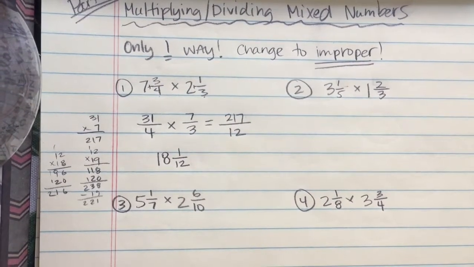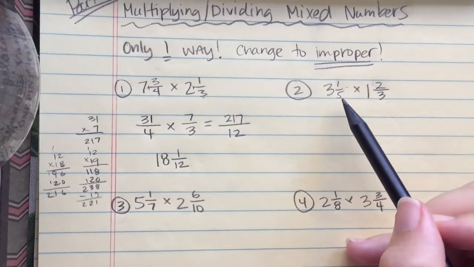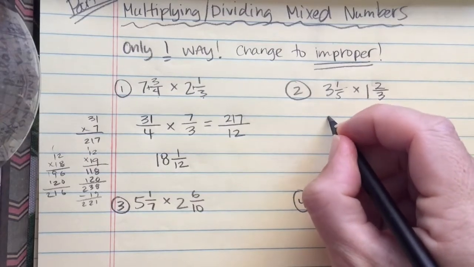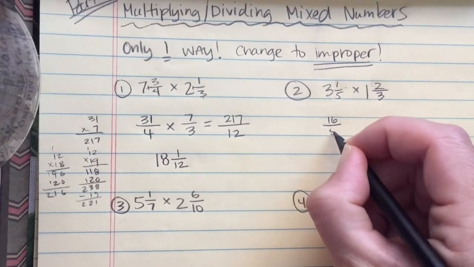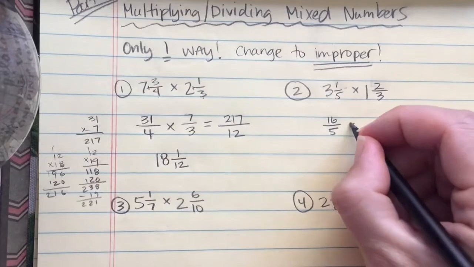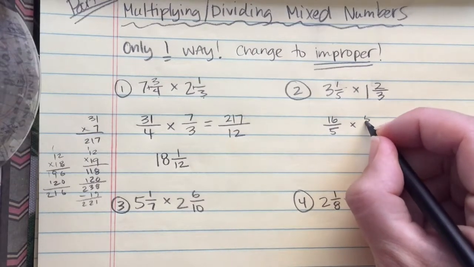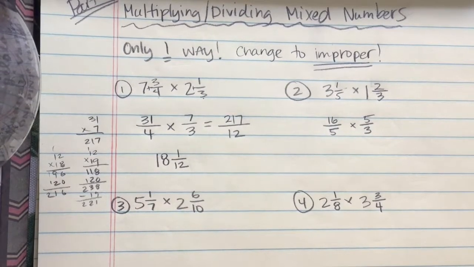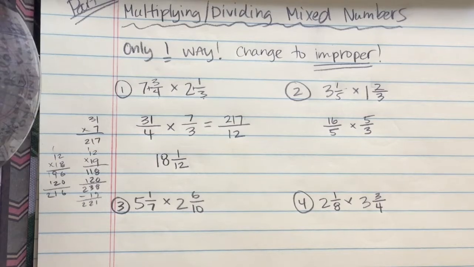Okay, so again, you have to change to improper. Go ahead and do that now on number 2. Alright, so you should have ended up with 16/5 over 5/3.